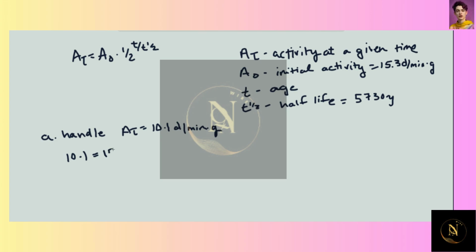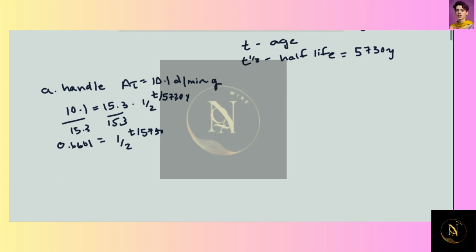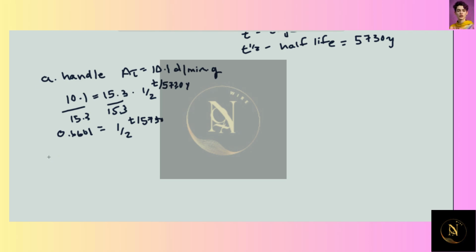10.1 equals 15.3 times 1/2 to the T divided by 5,730 years. Dividing both sides by 15.3, this is 0.6601. Because the T is in the exponent, we have to take the natural log of both sides.